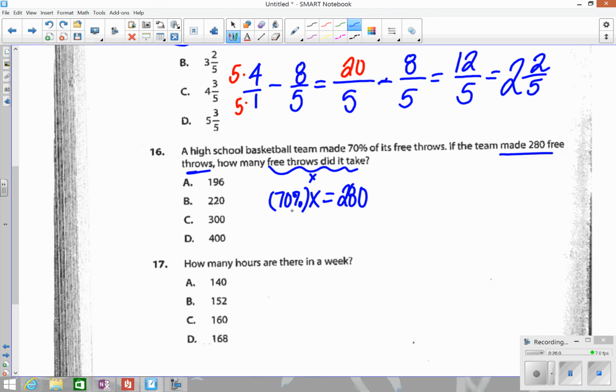So that really means if you move the decimal 2 places, 0.70x equals 280. So divide both sides by 0.7, and that'll tell us what x is. So we're going to have 0.7 outside, so 280 divided by 0.7.